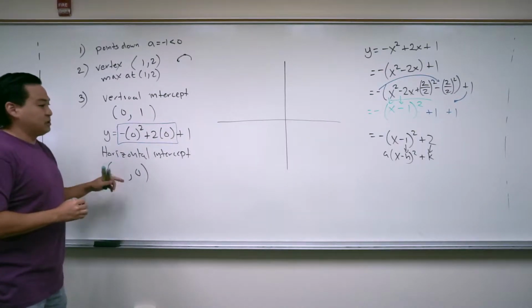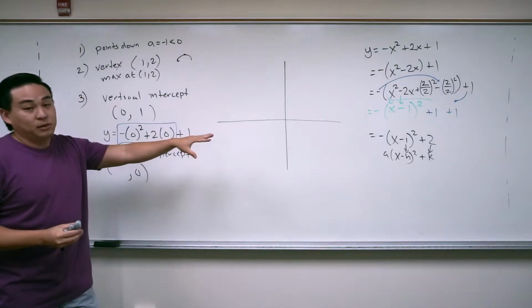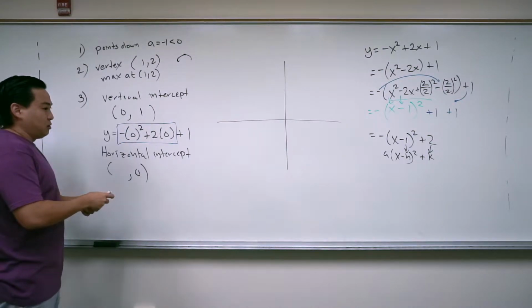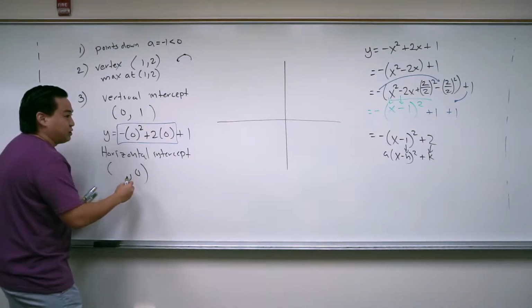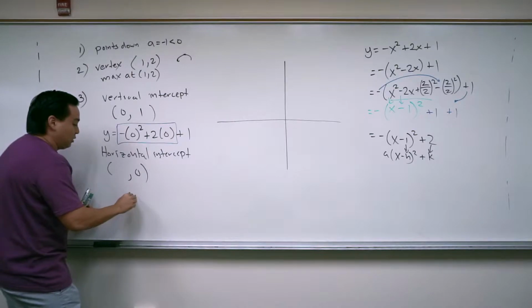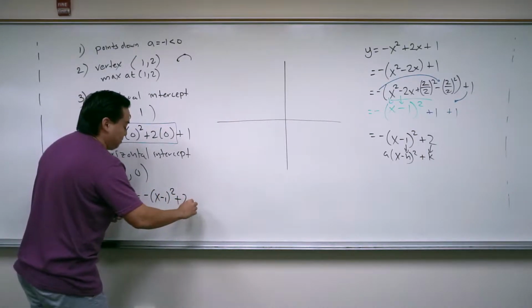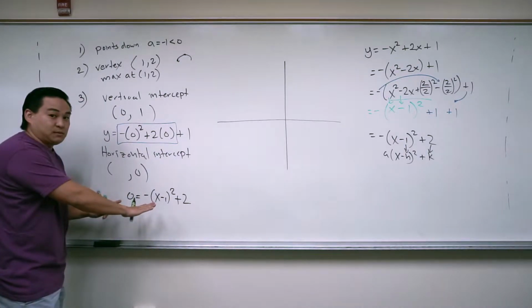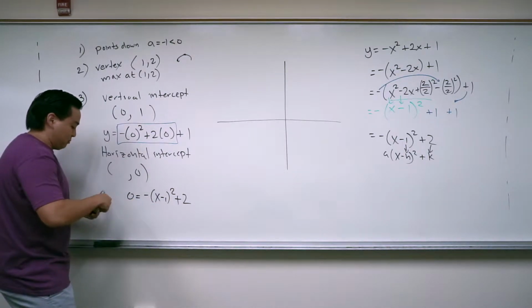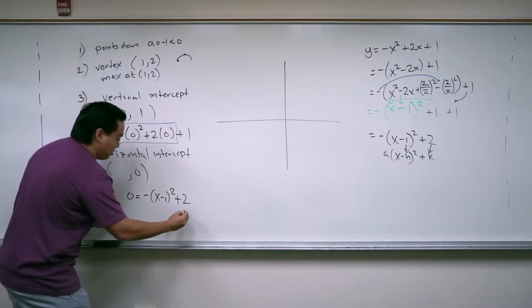The horizontal intercept is easier done in the completed square form. So you say 0 is equal to negative (x minus 1) squared plus 2. Solve this using the square root property by subtracting 2 from both sides.